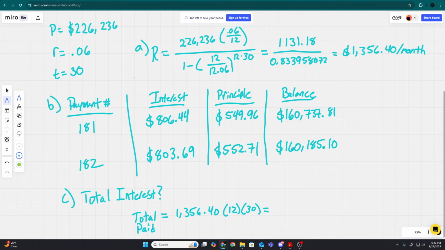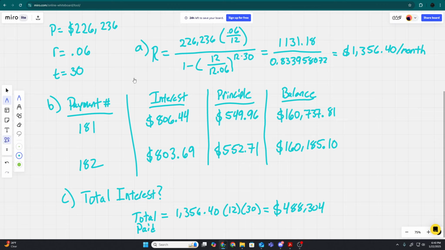This is a combination. Let's take $1,356.40 times 12 times 30. We do get the total paid to be $488,304.